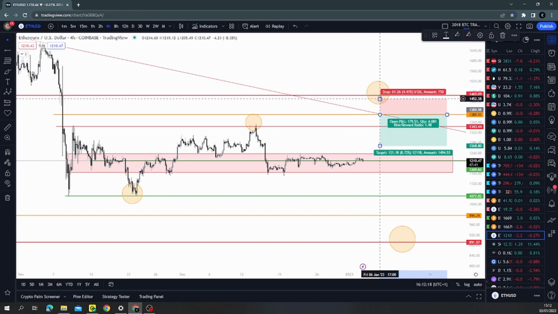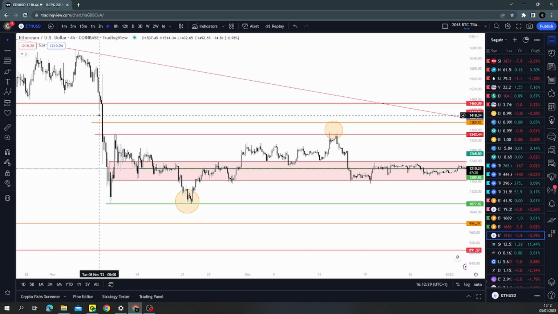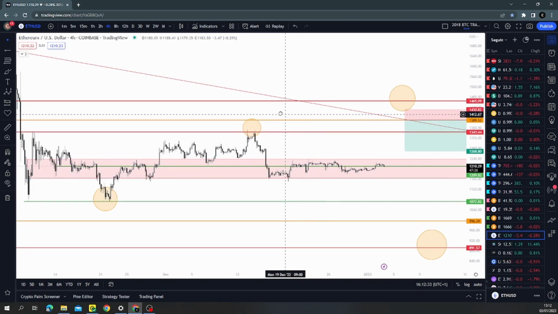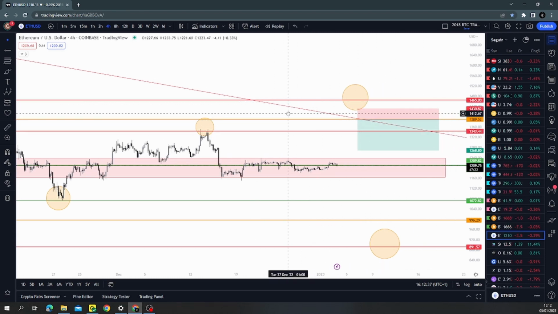Okay, the stop loss is gonna be a few pips higher than this wick over here. This is gonna act as a resistance for the price. As well, we have this trend line that is gonna act as a resistance.